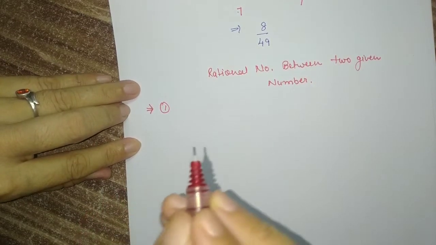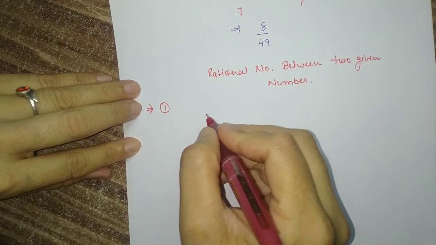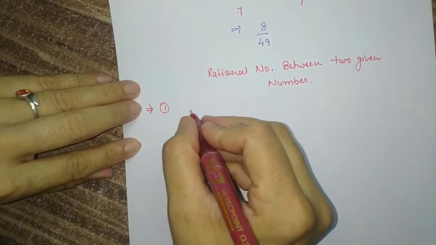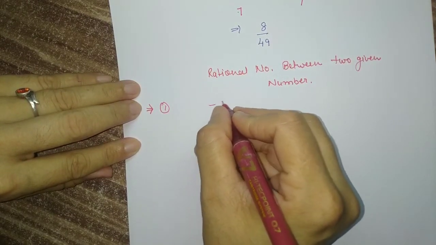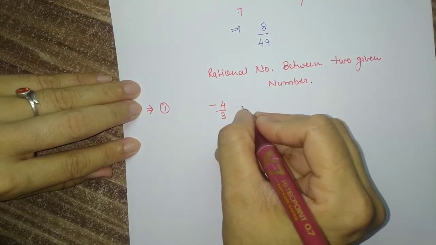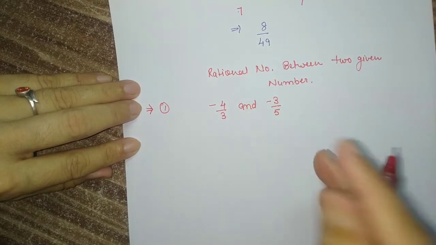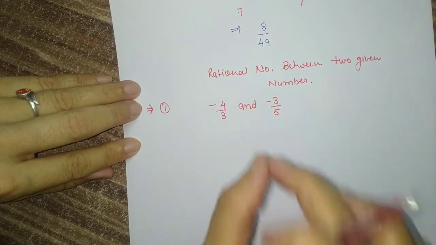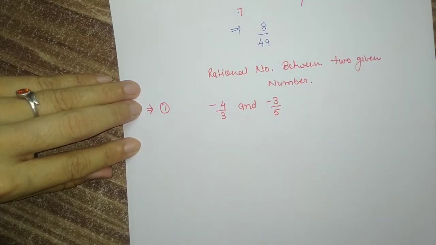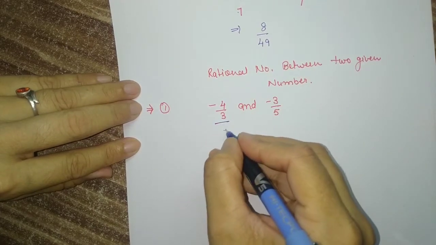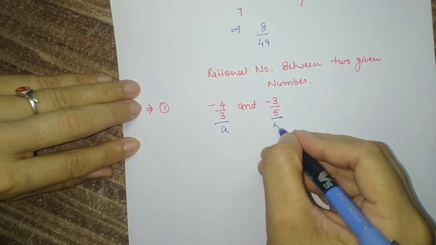For example, they have given the numbers minus 4 by 3 and minus 3 by 5, and we have to find the rational number between these two. So here this is our A term and this is our B term.